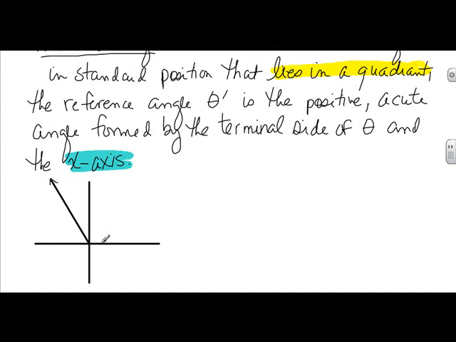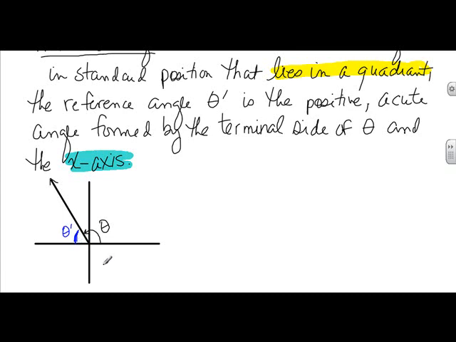There's theta. If this is our angle theta, then the reference angle is always measured back to the x-axis, and we're just interested in the size of that angle. So the reference angle theta prime is the angle that I've indicated there in blue.